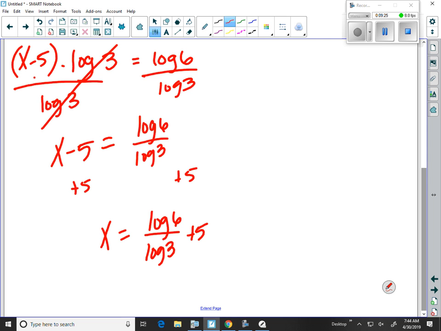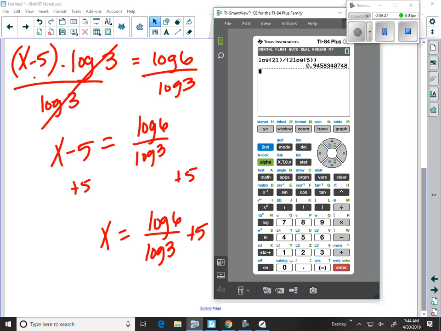So we put it in our calculator. We'll do the fraction first. Don't put plus 5 on the other. Don't do it. It's going to add 5 to the denominator. So just be really, really careful.